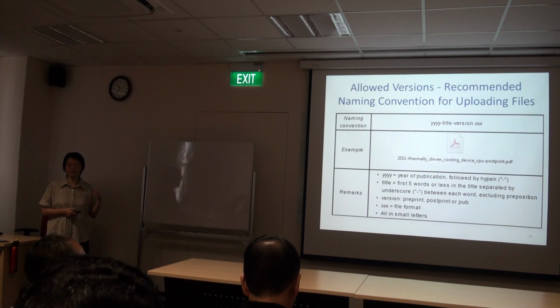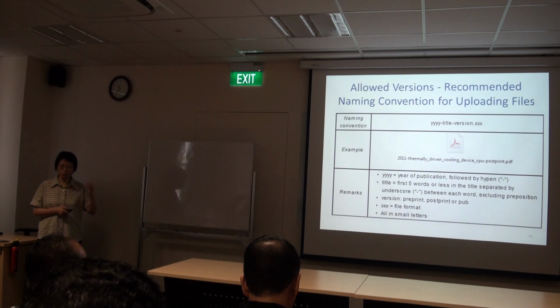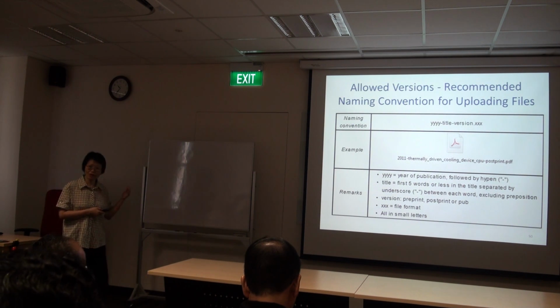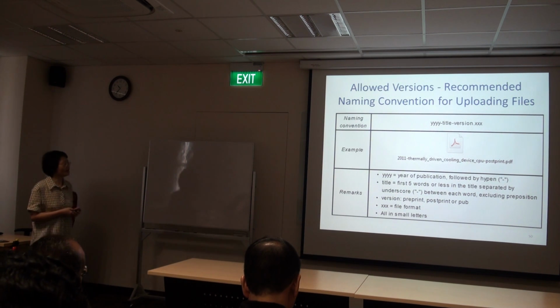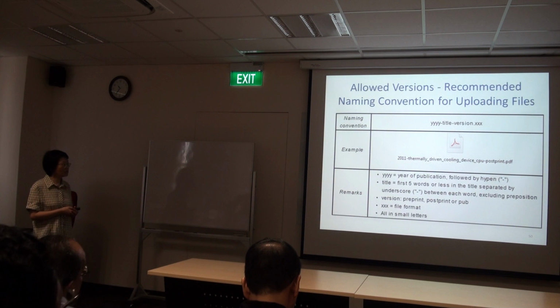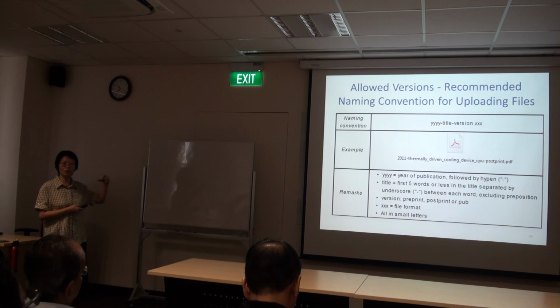After checking the policy to see what you can upload in Scholarbank, get the versions ready and name the files according to the recommended convention. We recommend this convention to help people who want to access the file know which version it is.